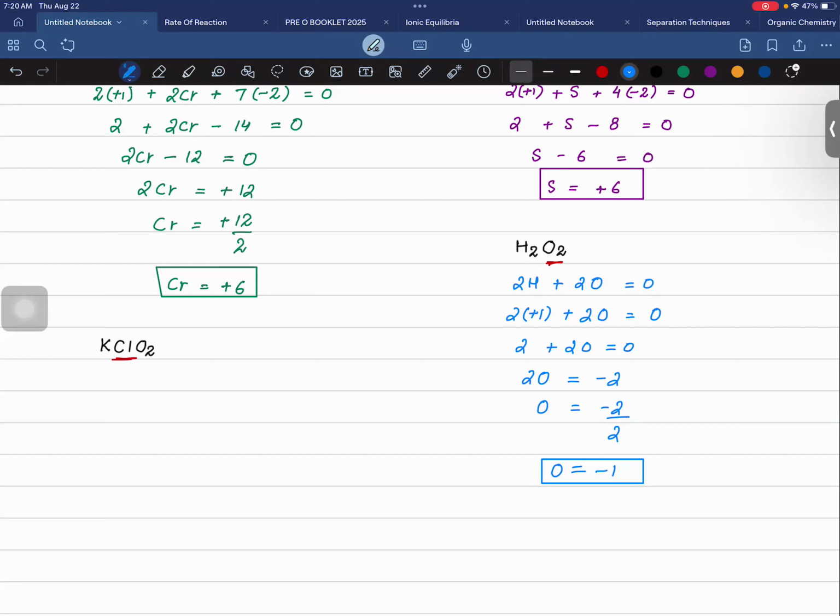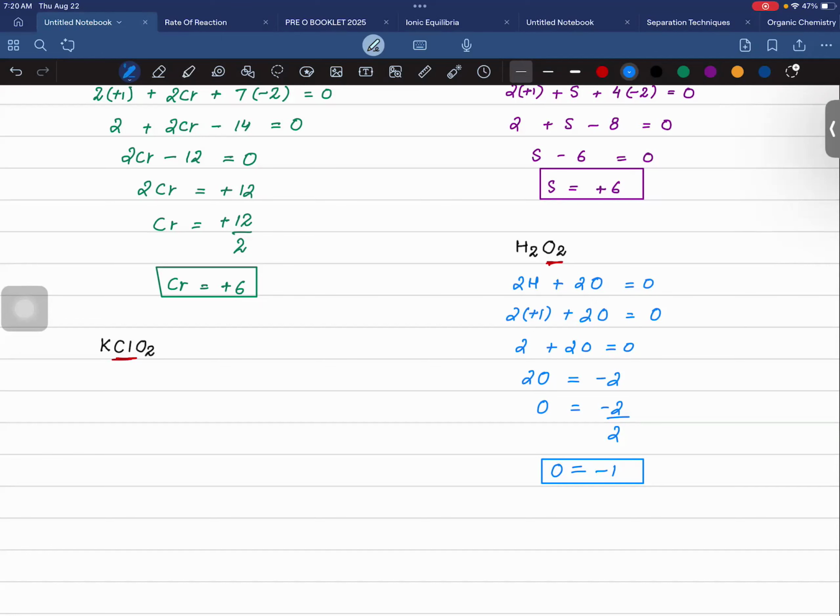Can anyone confirm? Okay, this is +3. What do you think, is this +3 or not? Can you confirm? Yes, it is.